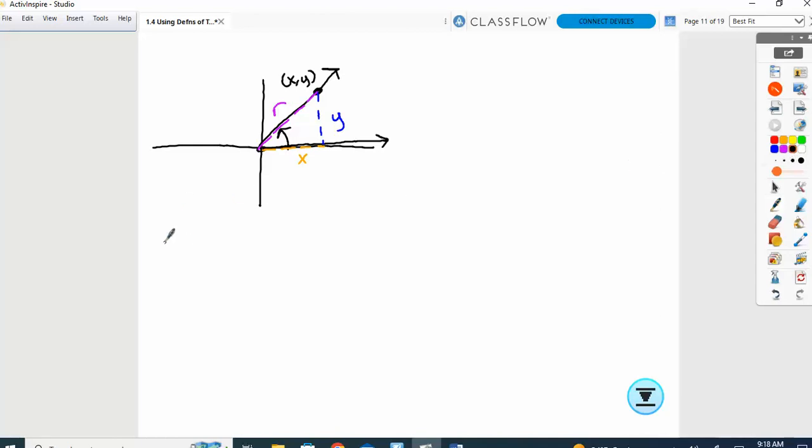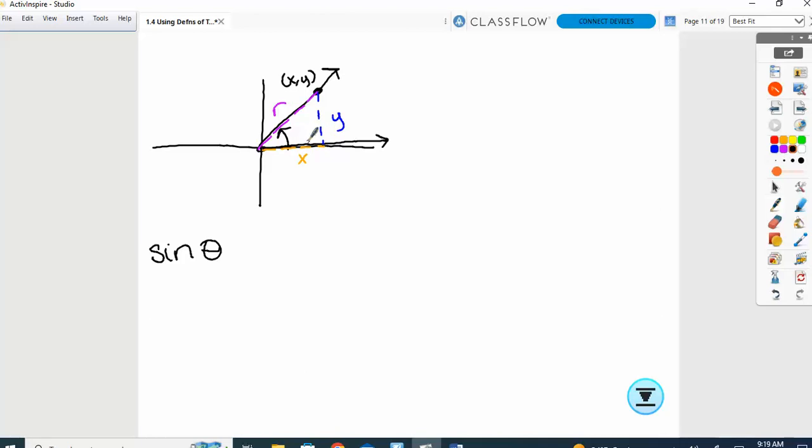Okay, so when I look at sine, I am doing what ratio? Y divided by r.